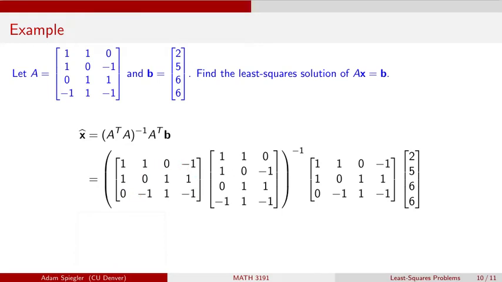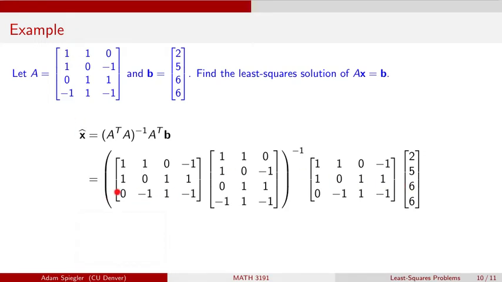Here's A transpose, here's matrix A. I'm going to take this product, take the inverse of it, multiply by A transpose, and then B. So this is quite a long calculation. And you can imagine if A is some model matrix and you have like 10,000 observations, then your matrix has 10,000 rows.